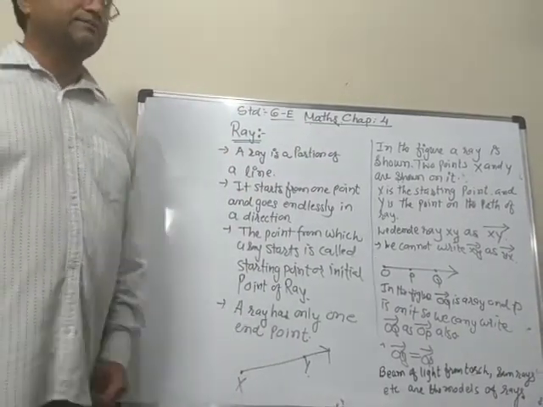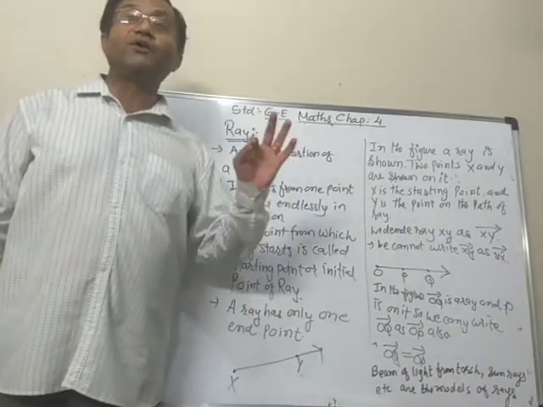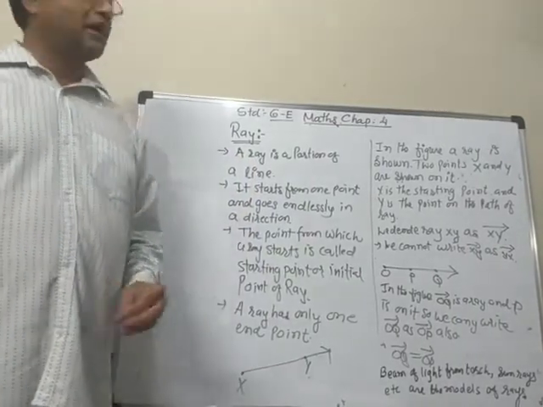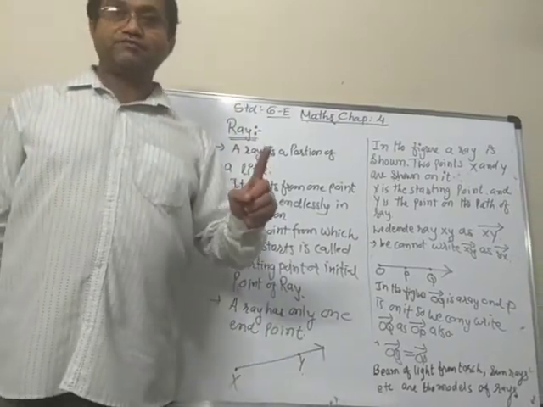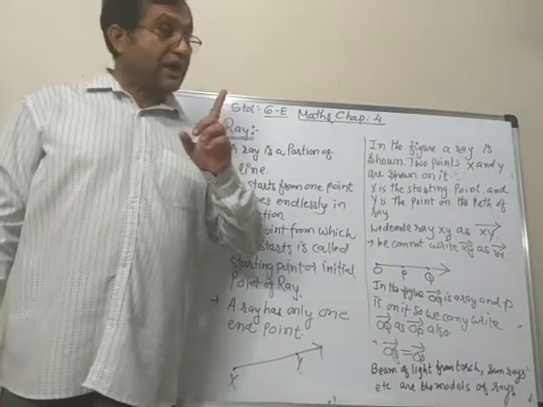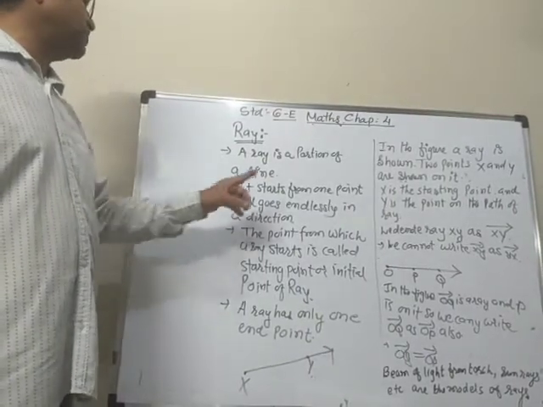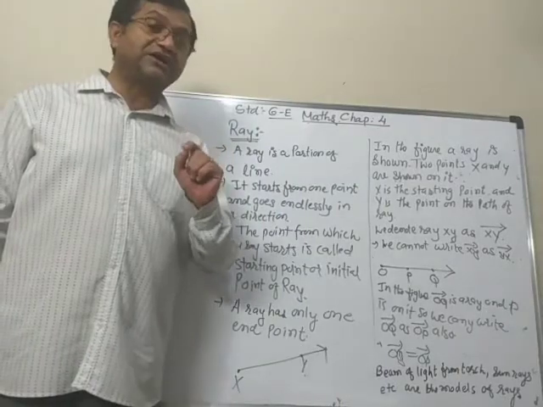What is a ray? A ray is actually a part or a portion of a line. It starts from one point and goes in one direction endlessly. In the line, what did we say?